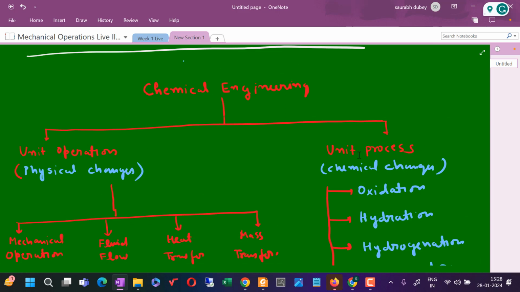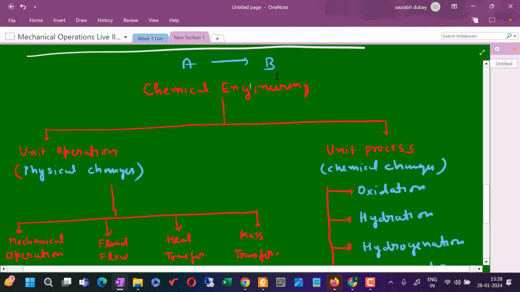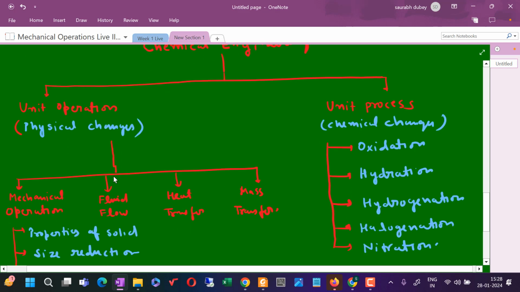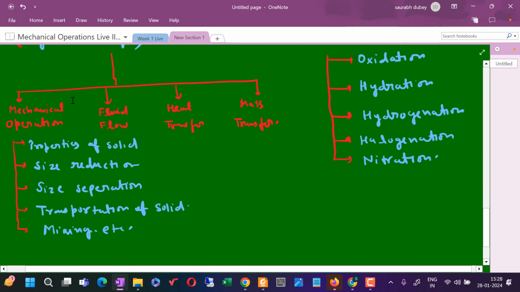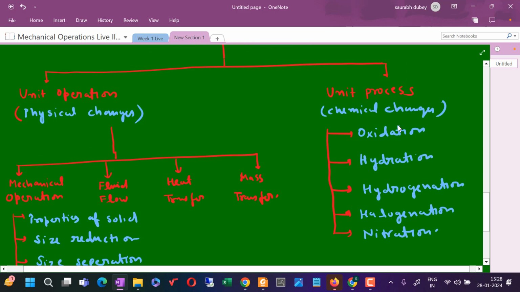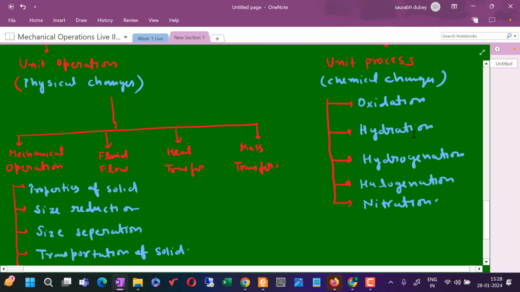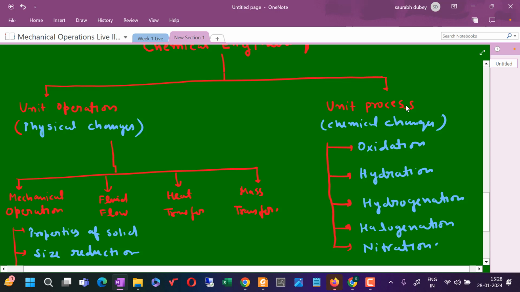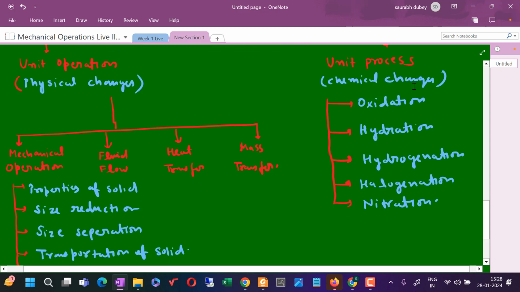Any reaction that is happening, suppose A gives product B, involves two things: unit operation and unit process. Unit operation is having physical changes, and unit process is having chemical changes. In the physical changes you have mechanical operation, fluid dynamics, heat transfer, and mass transfer. But in the unit process you have chemical changes, basically these reactions, and unit processes are having the chemical reaction engineering and the chemical technology as part of chemical engineering.